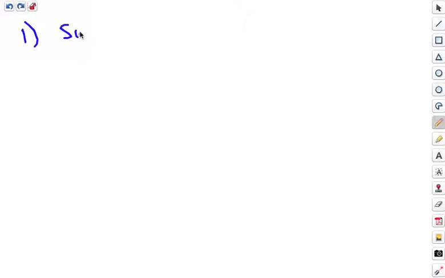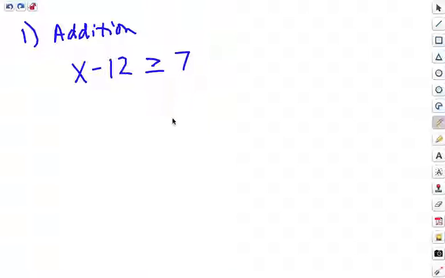I know I said addition, and I started to write subtraction there, so let's fix that. Solving by addition. So here's our inequality. We have x minus 12 is greater than or equal to 7.